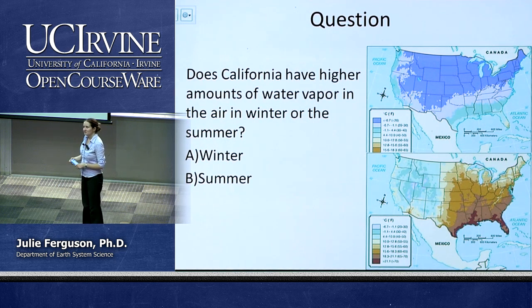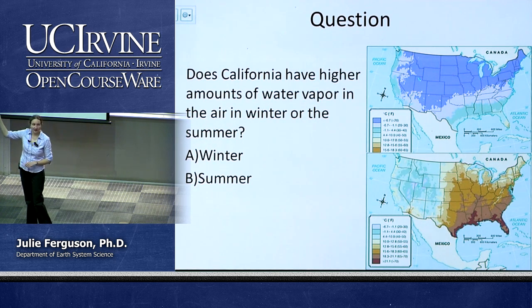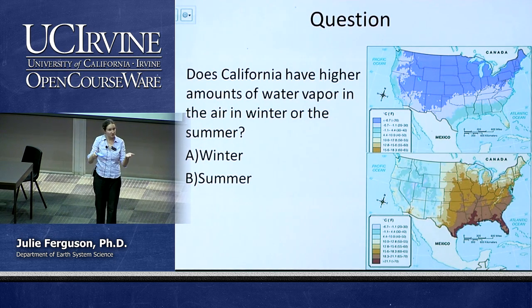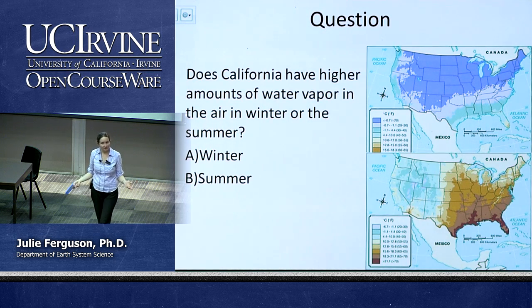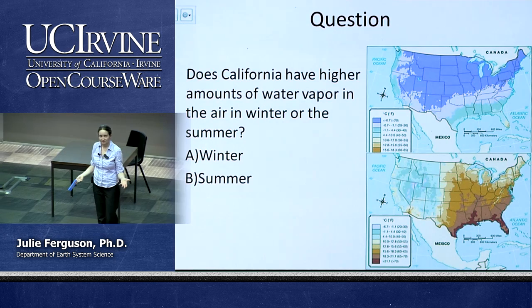So don't go with what you think you know, go with what the maps tell you. You can see that we have paler colors, paler greens and yellows, higher dew point temperatures in the summer, compared to the winter where we have those darker greens and blues, those colder dew point temperatures.